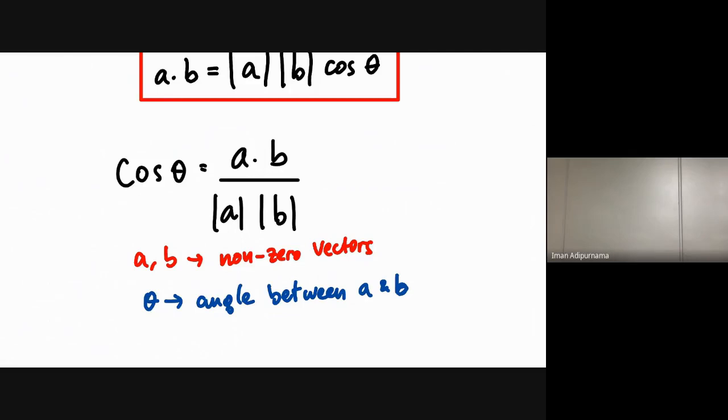So it should be bold A or A with the arrow. But since I will have trouble writing all the arrows and you cannot read the letters, I'm just writing as it is. But in your textbook, you can see that the vector A has bold letters. Okay.